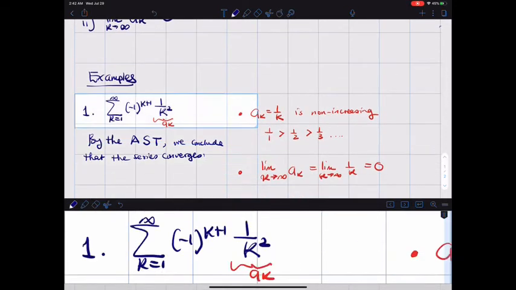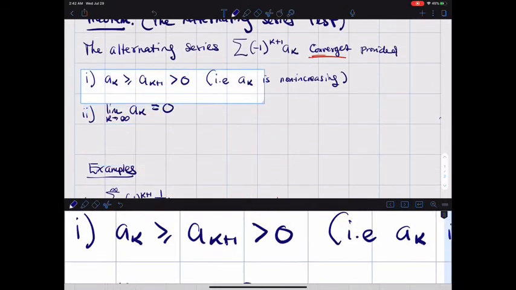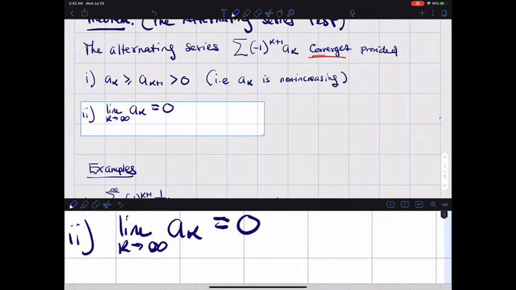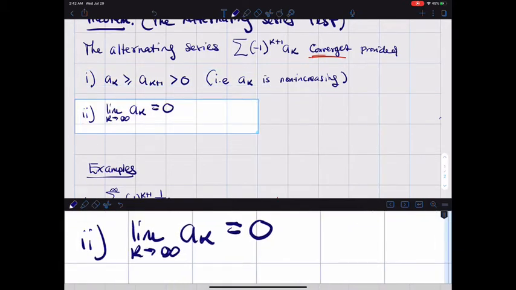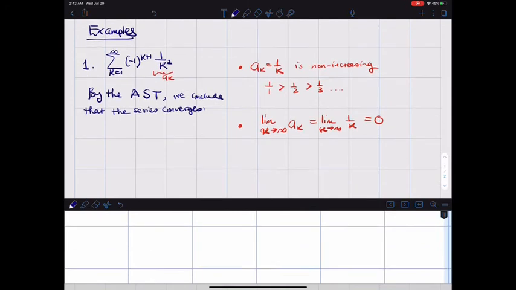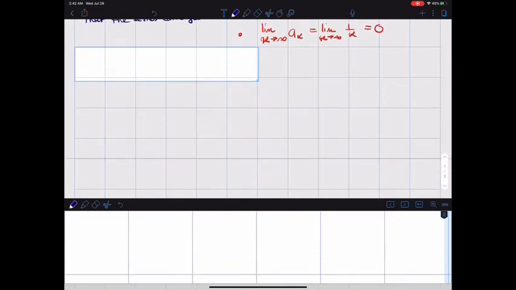The alternating series test says our a_k's have to be non-increasing, and the limit as k goes to infinity of a_k has to be equal to 0. All right, let's try another one.